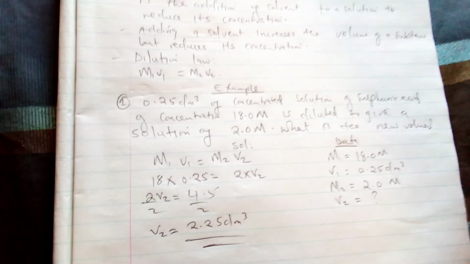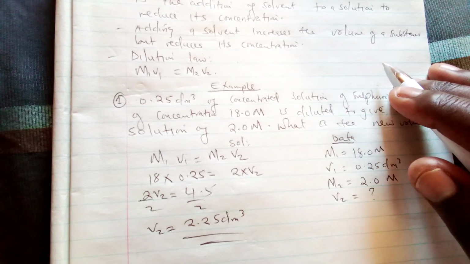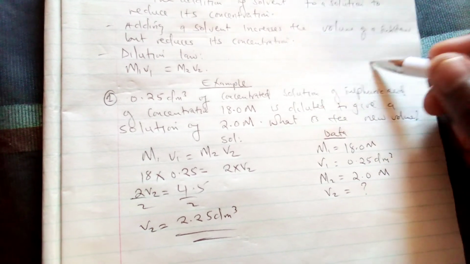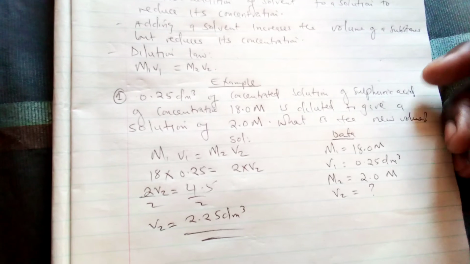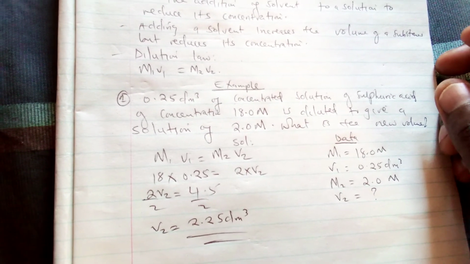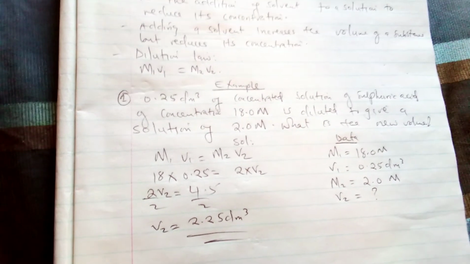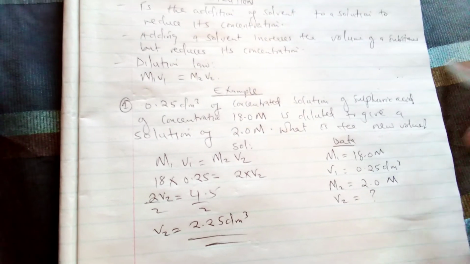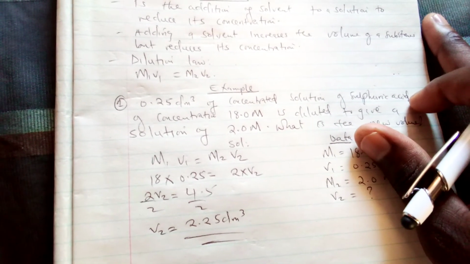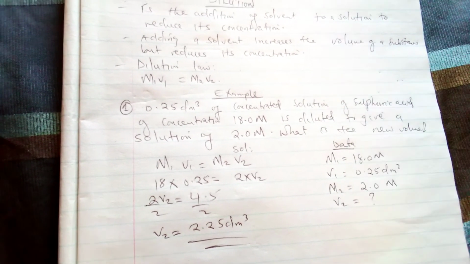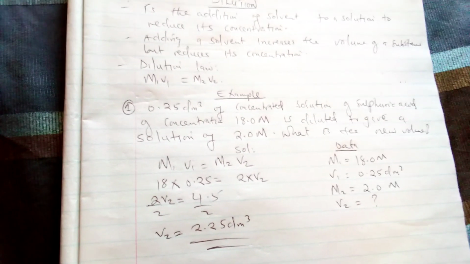One thing that happens when you're diluting something is that the water increases, meaning you are increasing the volume, but the concentration reduces. That's a key concept you have to know about dilution: dilution increases the volume of a substance but reduces its concentration.